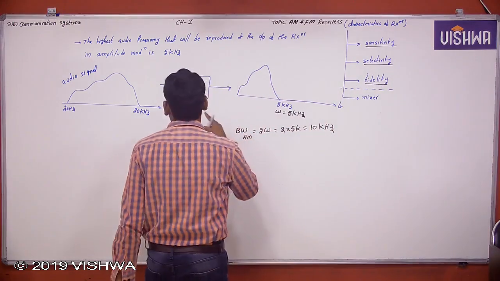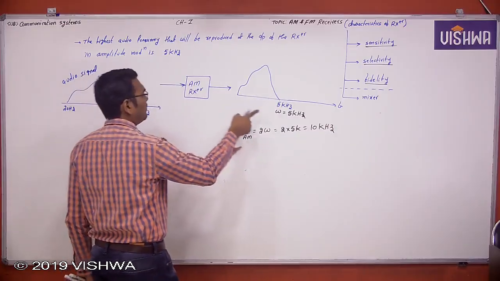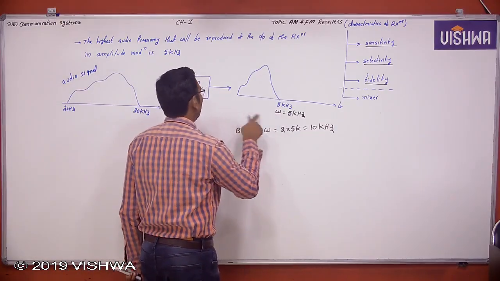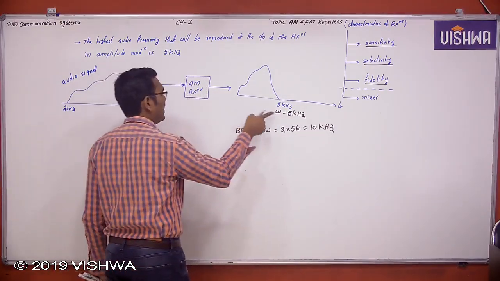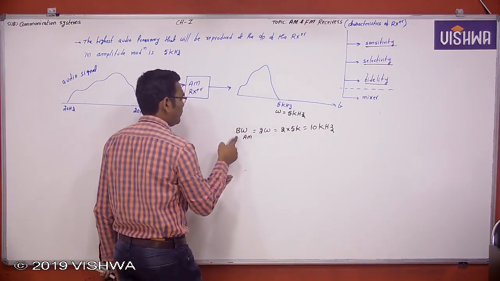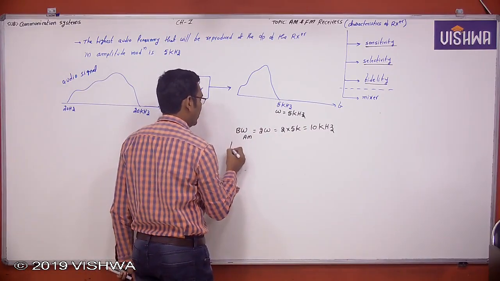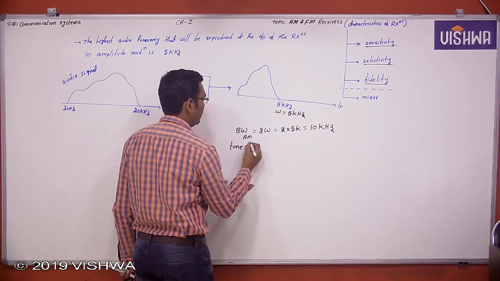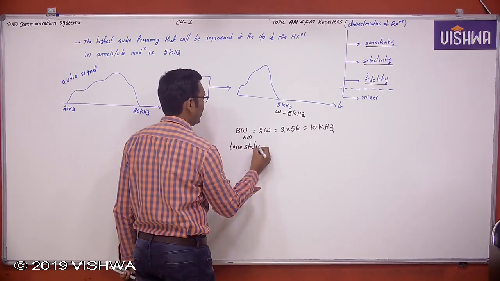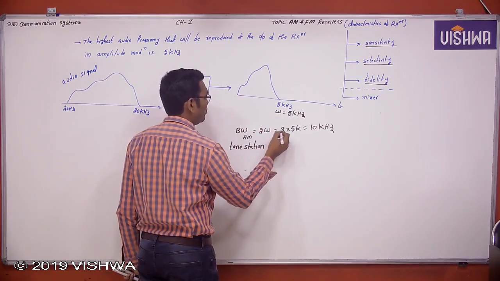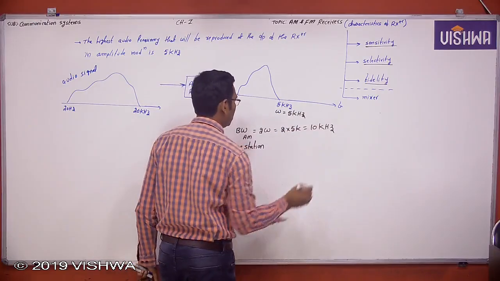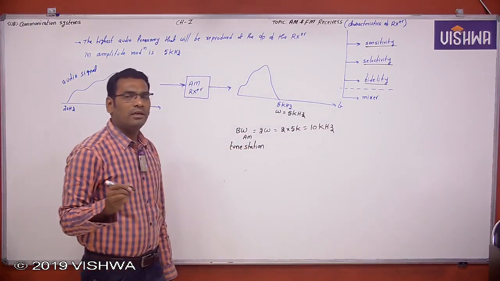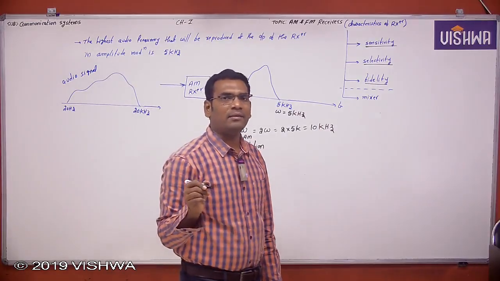So in AM the audio signal is band limited to 5 kHz. Therefore, the bandwidth of each AM tuned station is equal to 2 omega, which is 2 times 5 kHz, 10 kHz. Okay, the audio signal is band limited to 5 kHz.